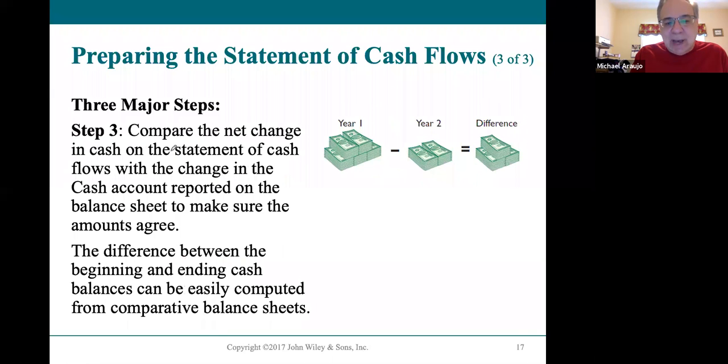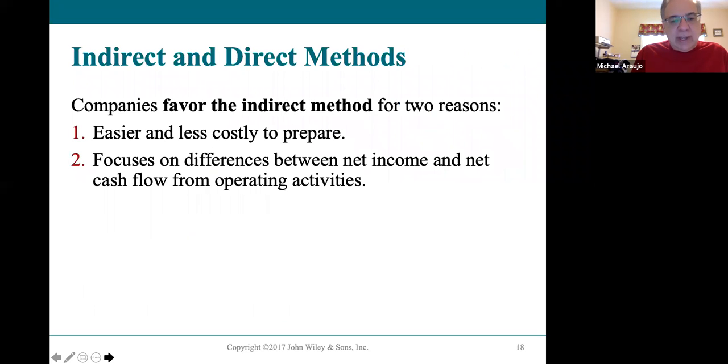The third step is that we're going to compare the change in cash, the actual cash account balance, on the statement of cash flow with the change in the cash account that's reported on the balance sheet. They should agree. And you'll see that as well. Again, that information will come from the balance sheets. So those are the things that we're going to be looking at here.